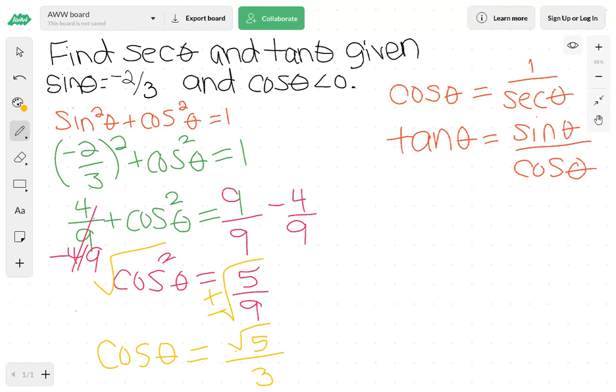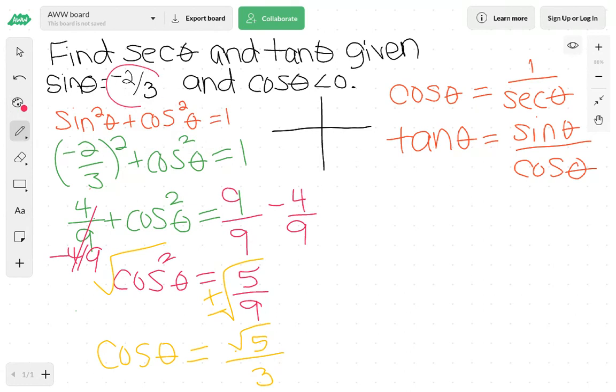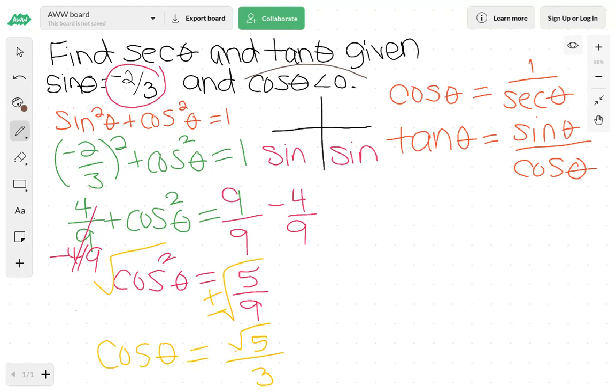But we still have to figure out if our cosine's positive or negative. So that means I'm going to draw a little graph for myself. I know that sine is negative because it told me that the sine was negative 2/3. Sine is y, and y is negative in the third and the fourth quadrant. But it also told me this piece of information that cosine was less than 0, meaning cosine is also negative.